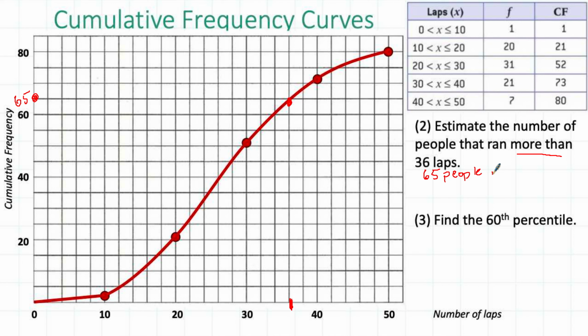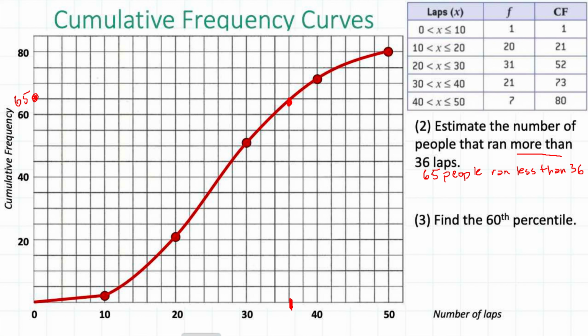People ran less than 36. Remember that cumulative frequency will always tell you less than. Remember these values, if I said 52, it means 52 people ran less than 30. So the 65 that corresponded to the 36 represented that 65 people ran less than 36. Now the question wants more than 36 laps.